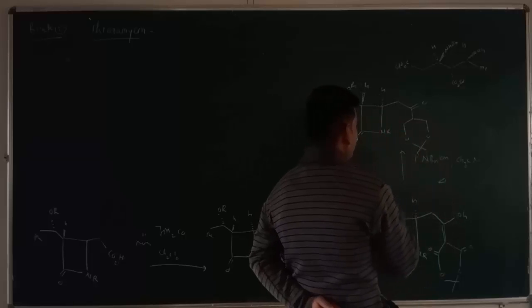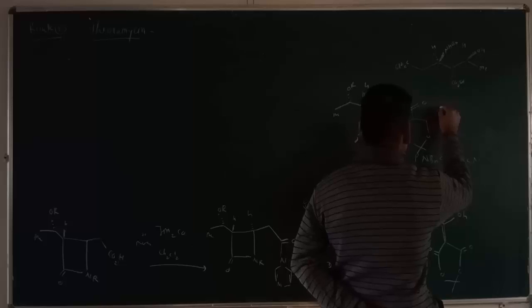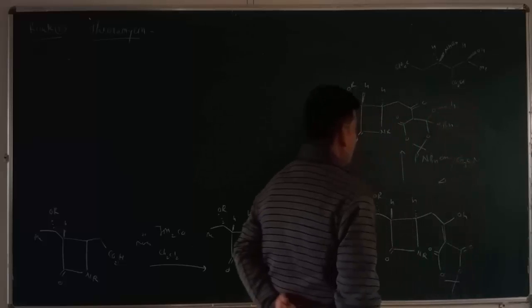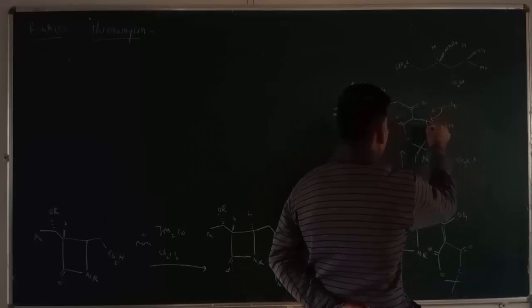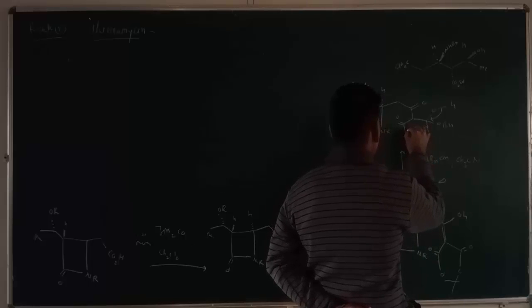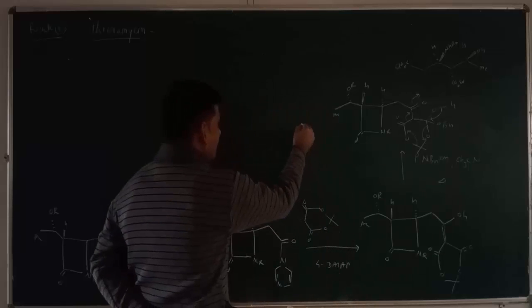So CH3, here is this carbonyl group, and here the OH group, and this is OBn, right? Then in the further step, this hydrogen will be shifted here, and then this bond will again shift here. It will be converted into this, and it gives formation of another intermediate.